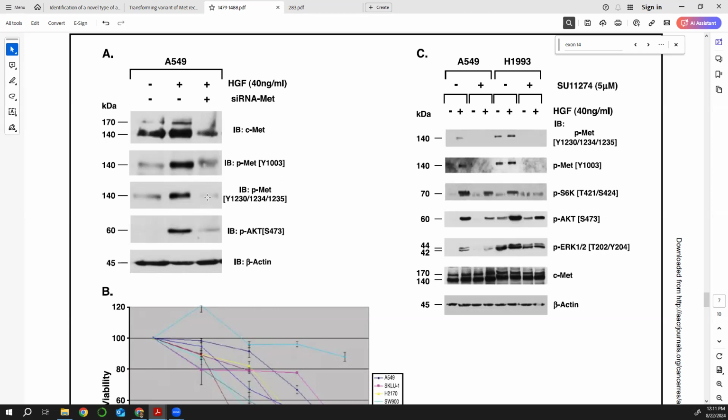And more importantly here, you are actually knocking down downstream signaling through phospho-MET and phospho-AKT, which means that knocking down MET does inhibit downstream signaling in this cell line.